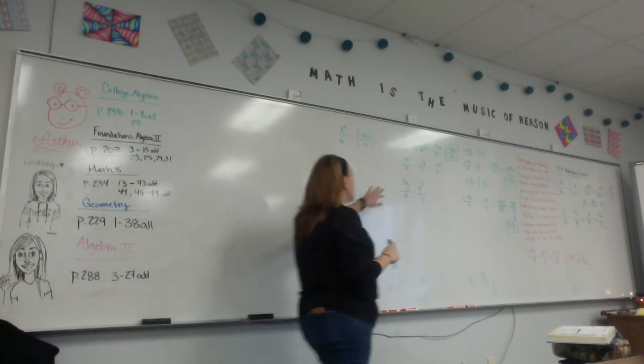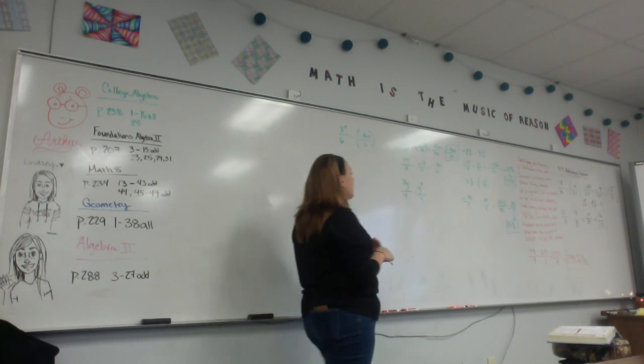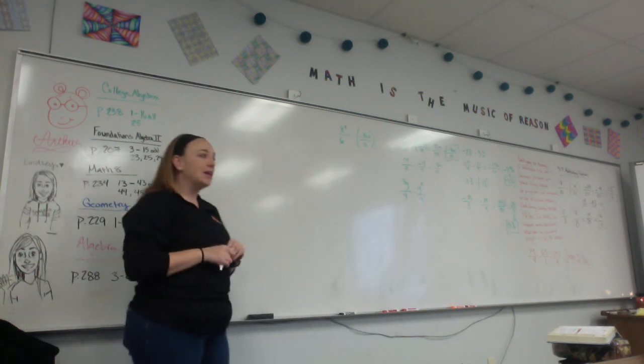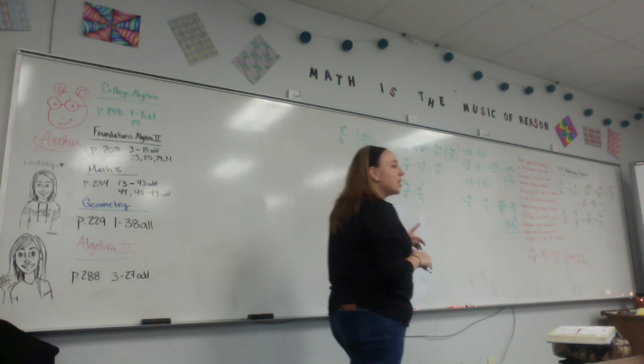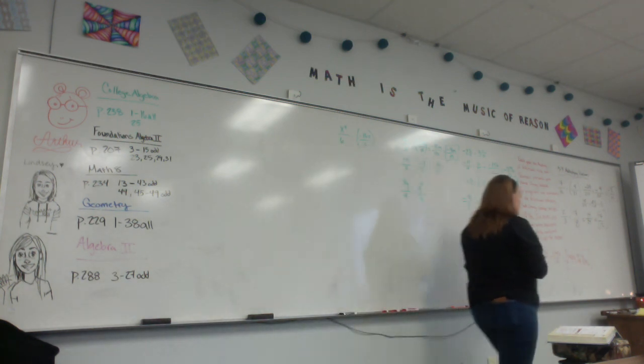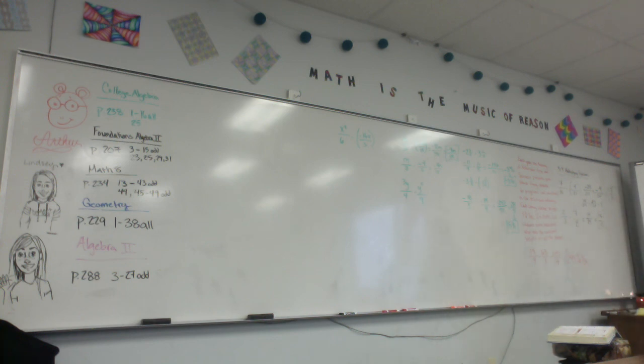Now, 3y over 4 times y to the 5th over 9. Think for a second. As a class, what do you know when it has exponents? You add exponents when it's multiplying.